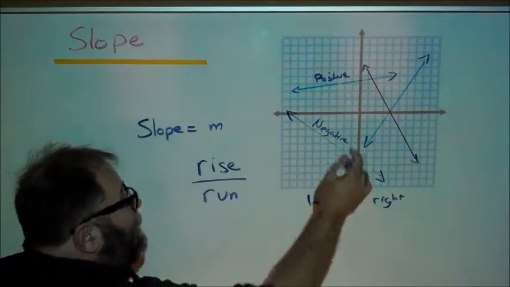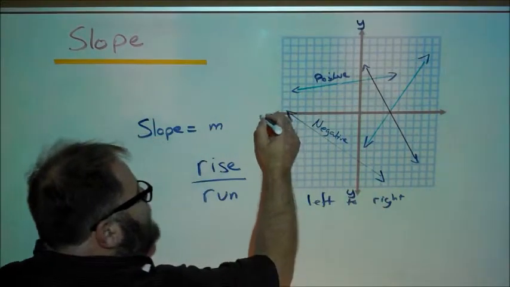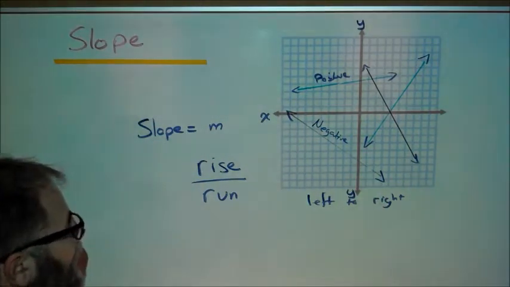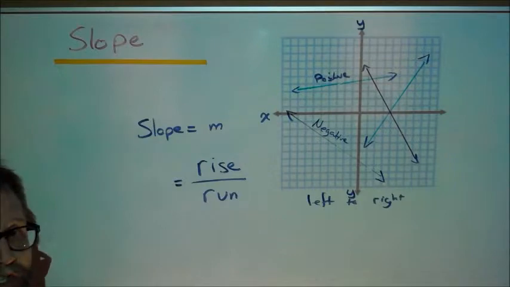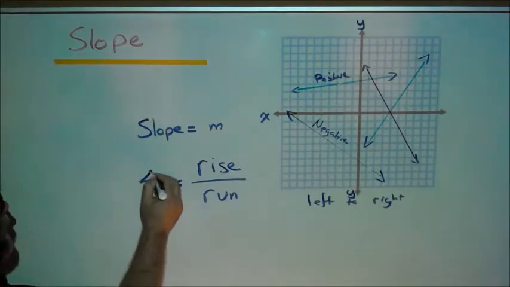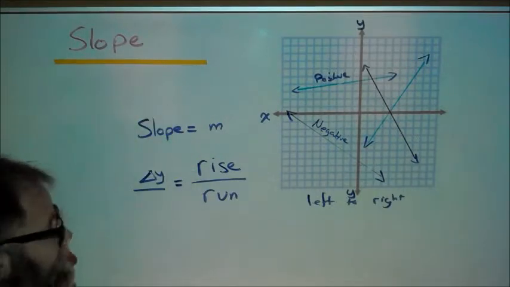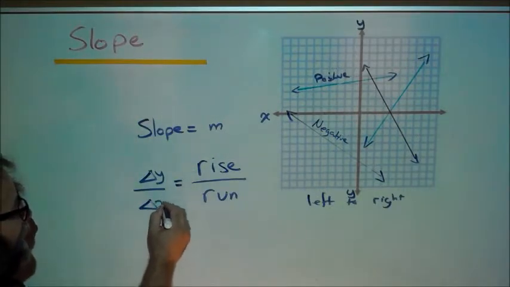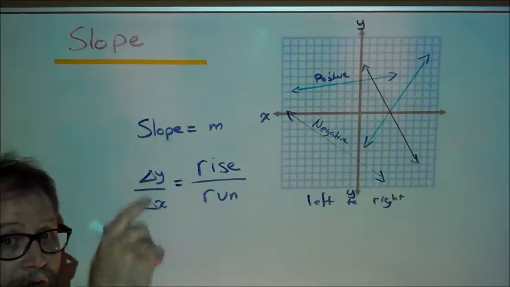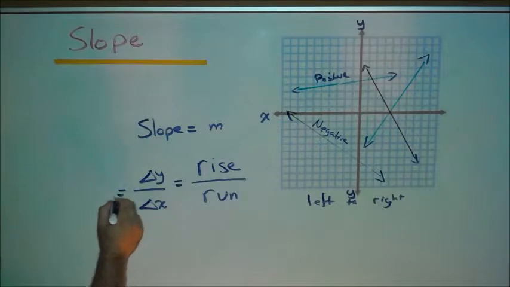So just so we remember, this is the y-axis here, and this is the x-axis. When we find the change of y over the change of x, that is slope. Our change of y is how that line rises or falls, and the change of x is how that line moves to the left or to the right, and that gives us slope.